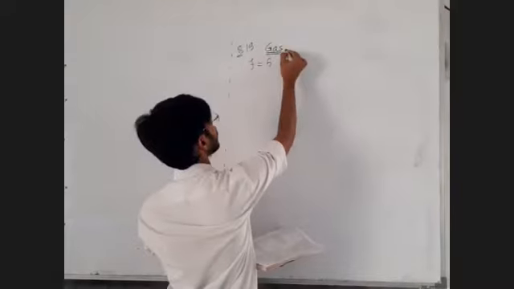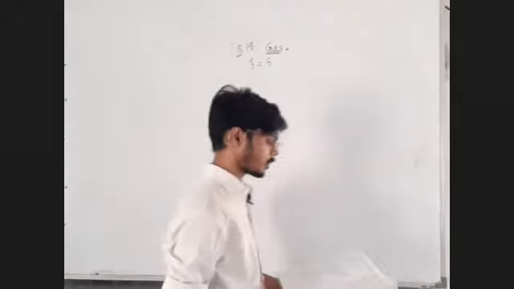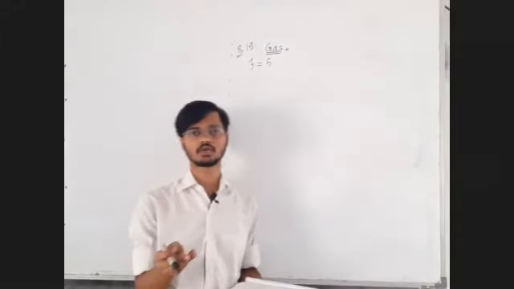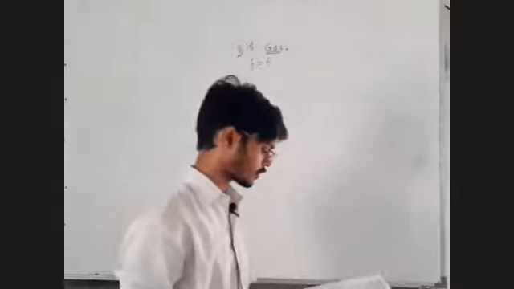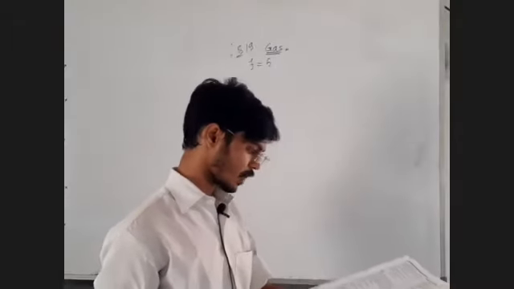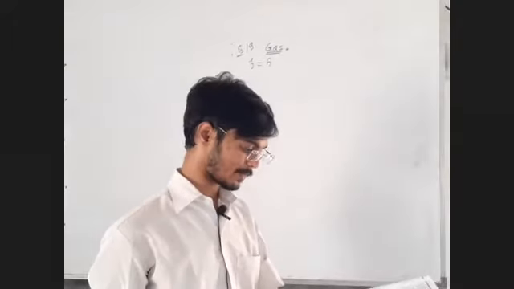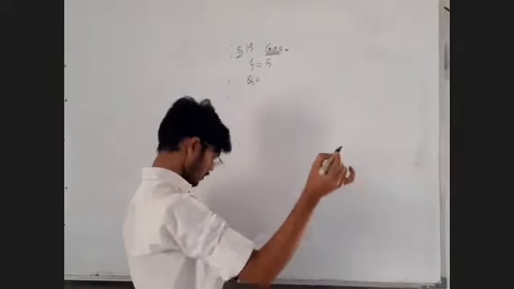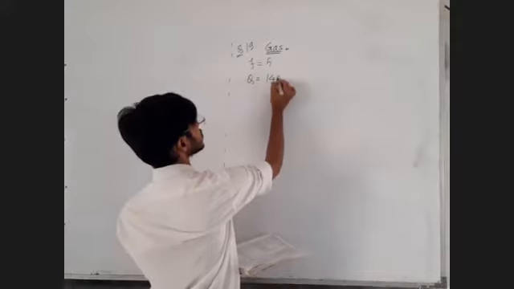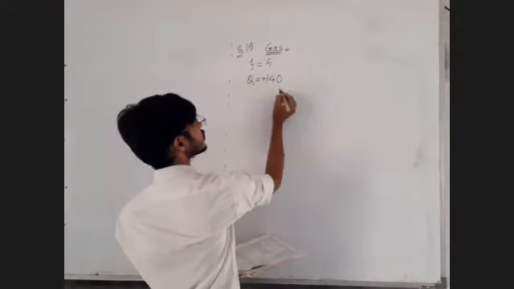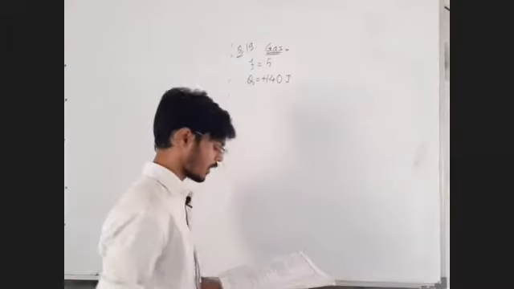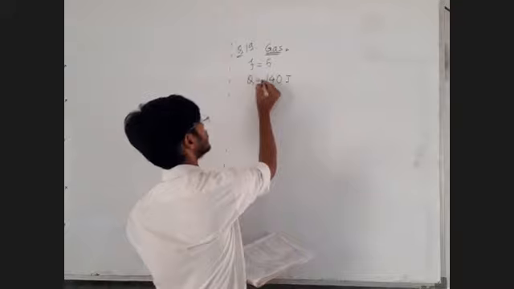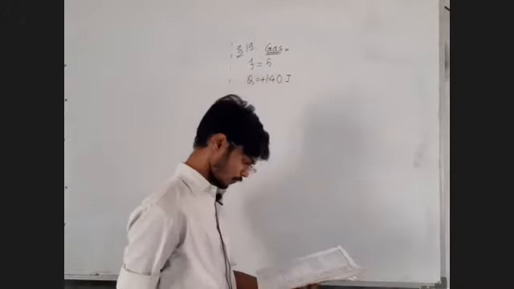You always have to take care whether you are given a gaseous system or a liquid converting into gas or a solid converting into liquid. If an amount of 140 joule of heat is supplied to the gas, it should be written positive. Heat given to the system is positive.